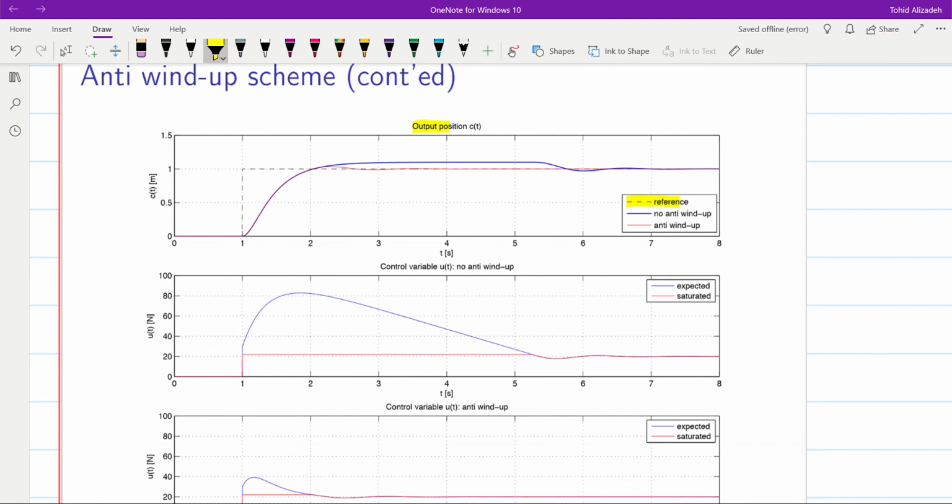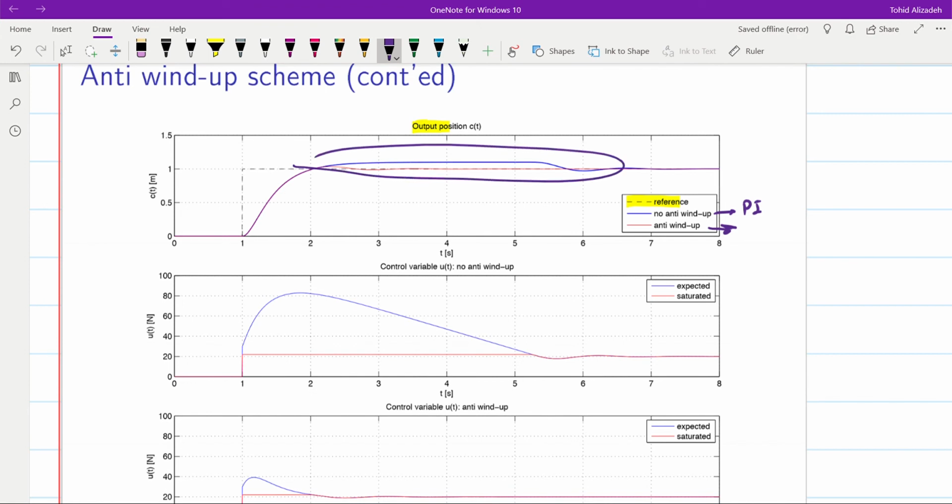In blue, you can see the PI controller without anti-windup, and it gives us this output that you see here in blue, and the one in red gives us the output using the PI controller with the anti-windup scheme. And I guess you can see the difference, especially here.